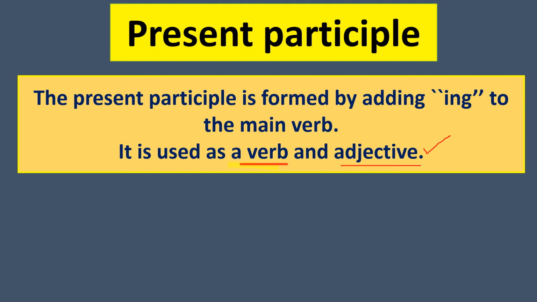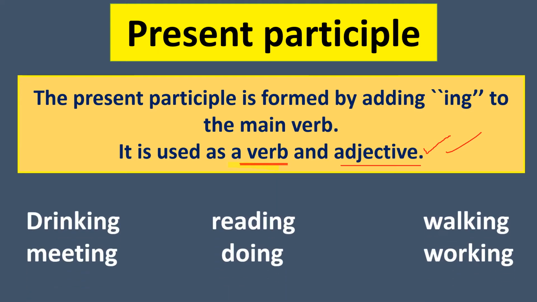Present participle acts as verbal adjective because it functions as adjective. Now see some examples of present participles. Drink is the base form, drinking is the ing form. Drinking, this is a present participle. Reading, walking, meeting, doing, working, these are all called present participles.